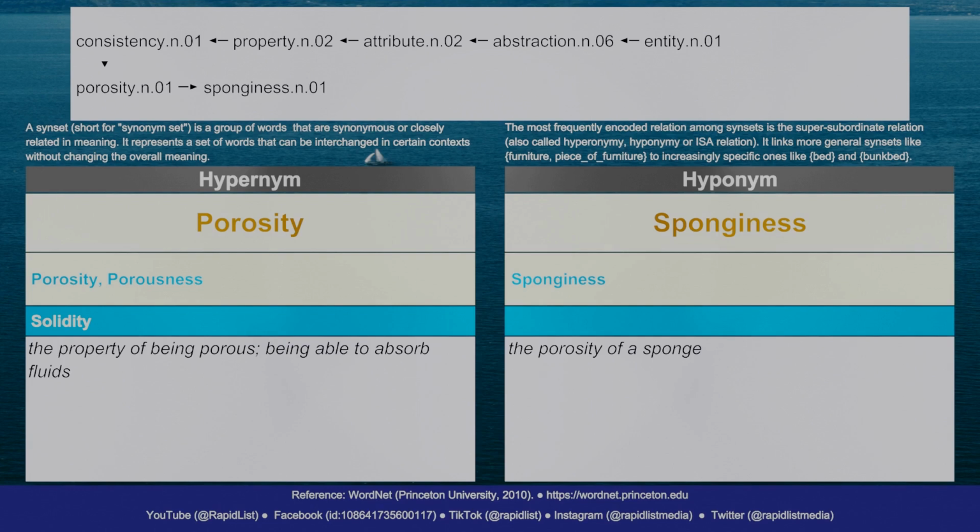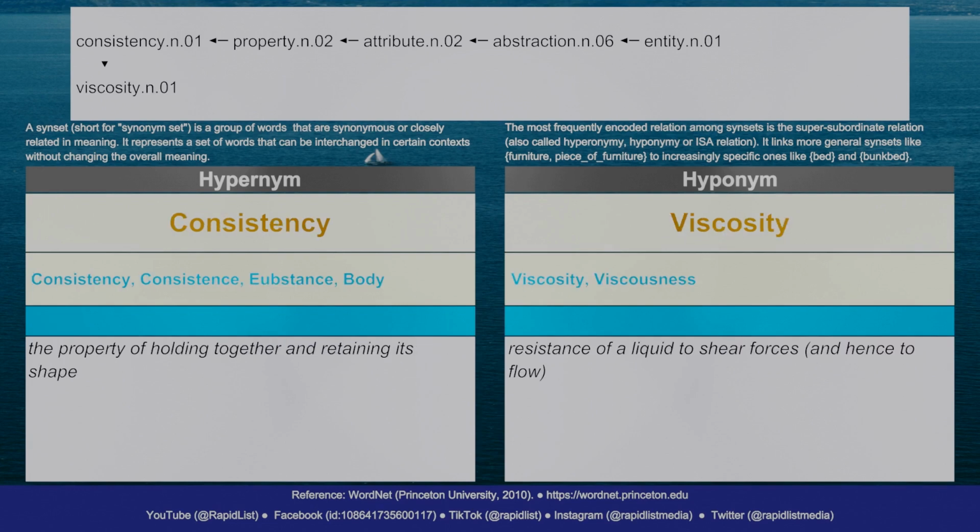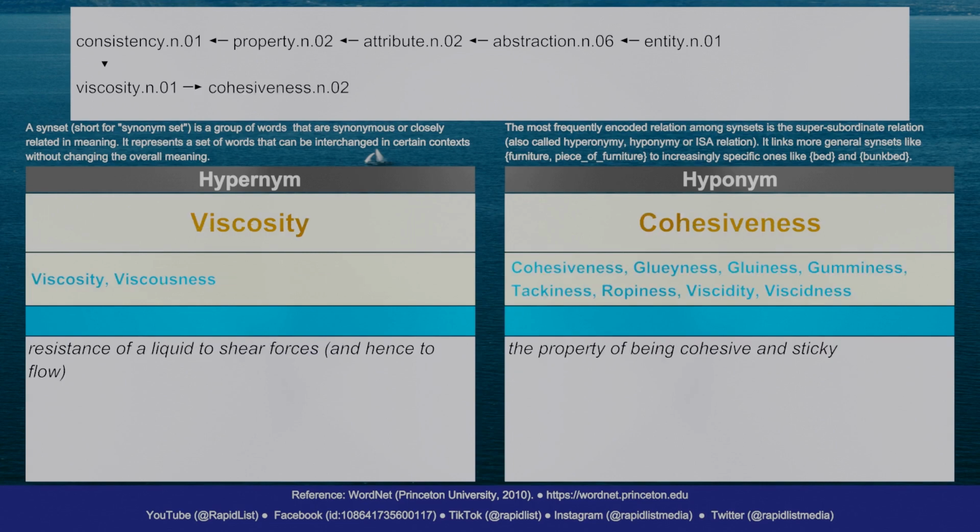The porosity of a sponge. Viscosity. Resistance of a liquid to shear forces, and hence to flow. Cohesiveness. The property of being cohesive and sticky.